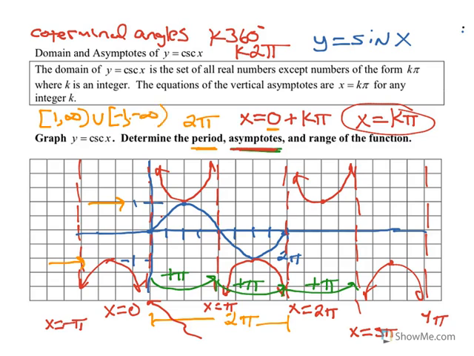And that's going to be your range. So 1 to infinity and negative 1 to negative infinity. And that's getting a little messy. Let's just clean these answers up on the next page.